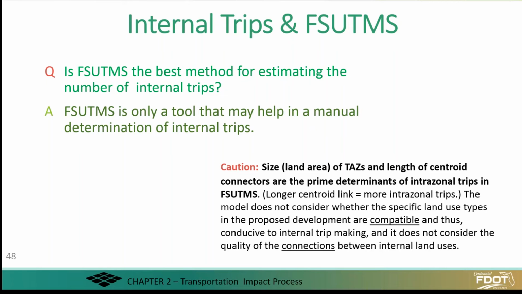And so it does not allow for the adequate or accurate calculation of interactions or trip movements within the TAZ, or the traffic analysis zone, that contains the data for the project. Because of this, the model has a very limited ability to determine the compatibility of land uses on site, and may not give you a very accurate understanding of internal capture.